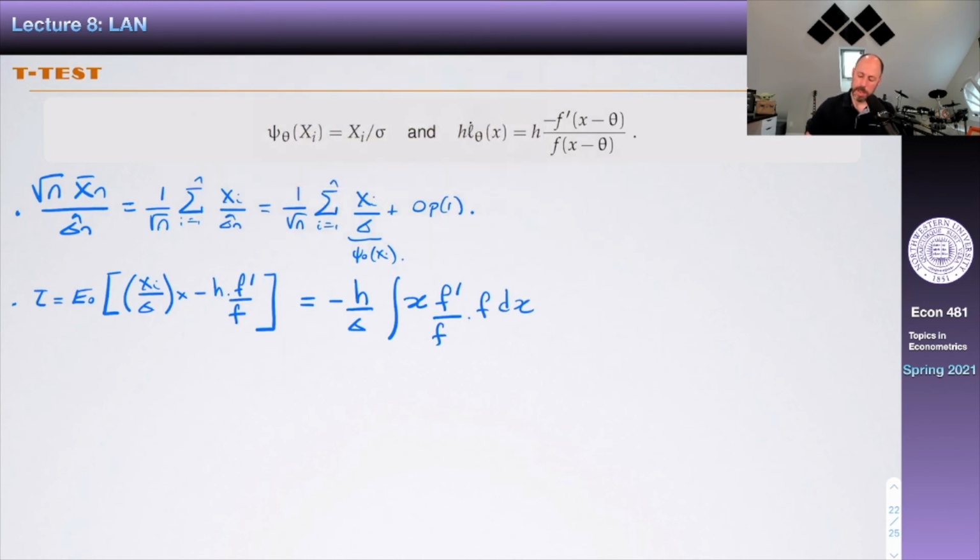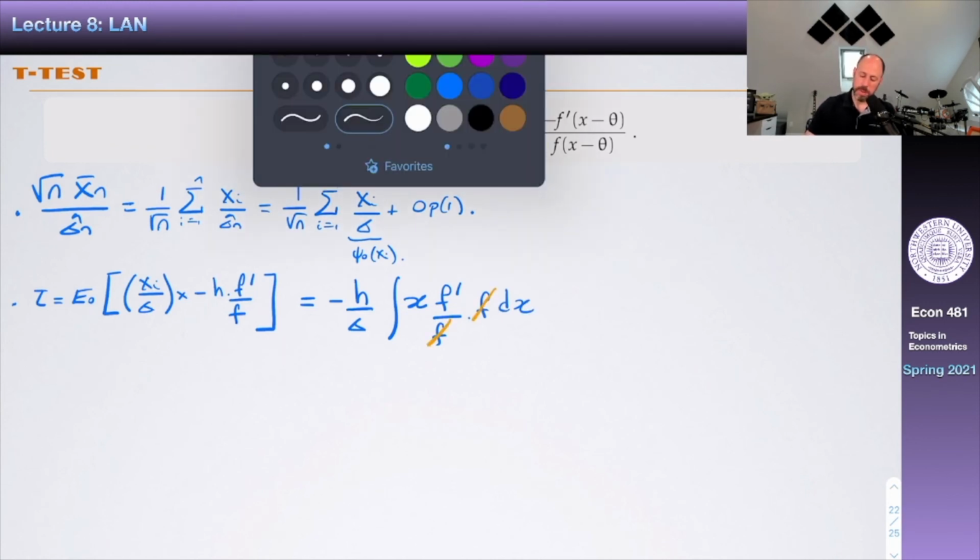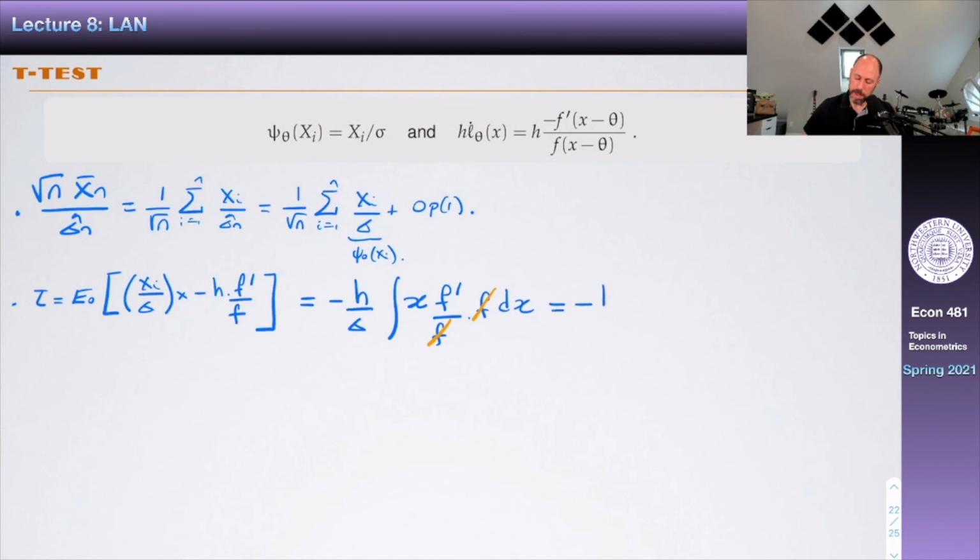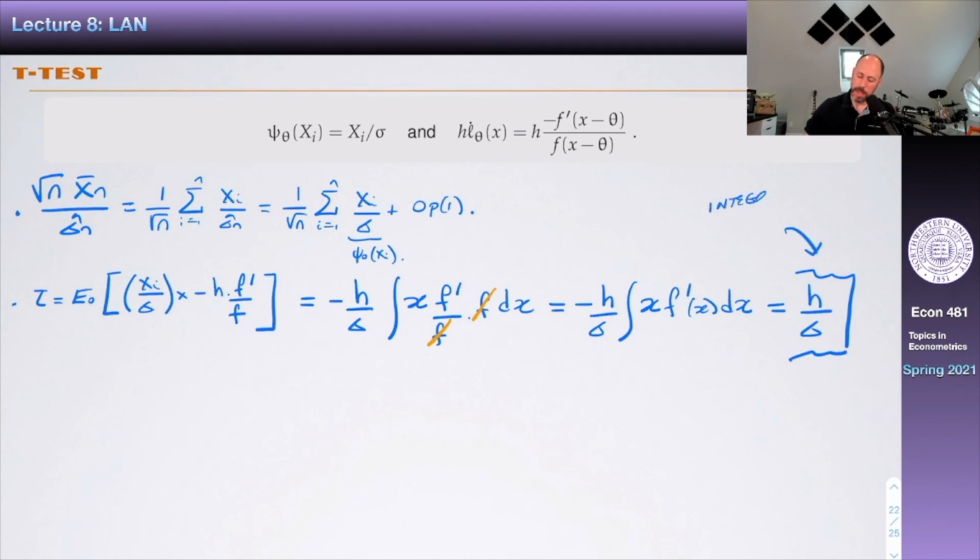Of course, these two cancel out. And so this is negative h over sigma, integral x f prime of x dx. And this is just h divided by sigma, integrating by parts. So that's what it is.